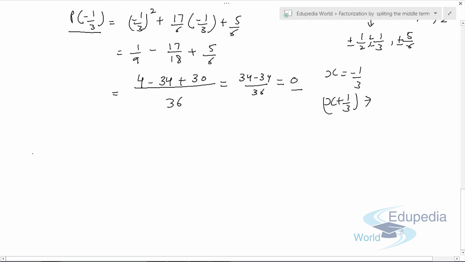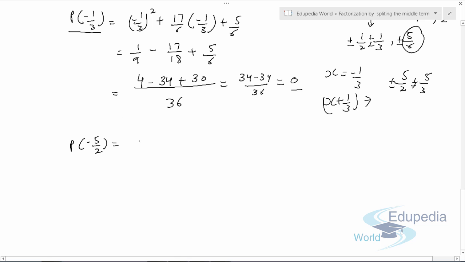We have to again check the number, which can be written as 5 by 2 and 5 by 3, both plus minus. So we again apply the hit and trial method, and we'll use p of minus 5 by 2.